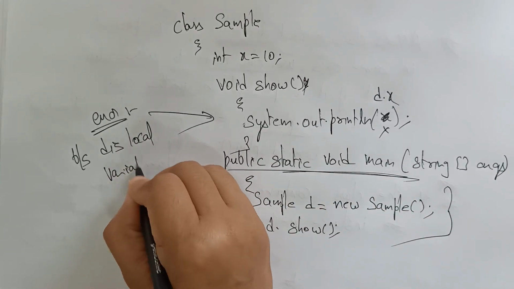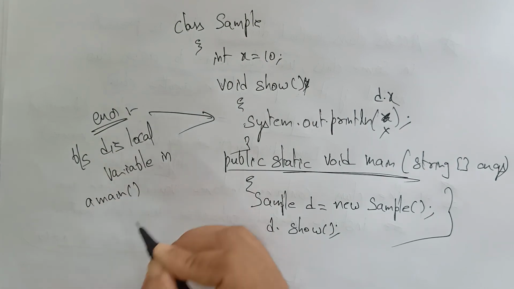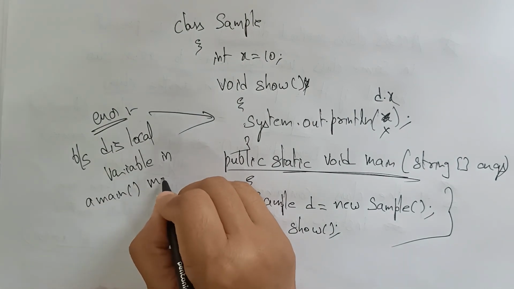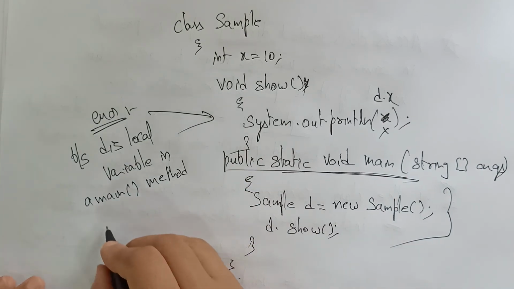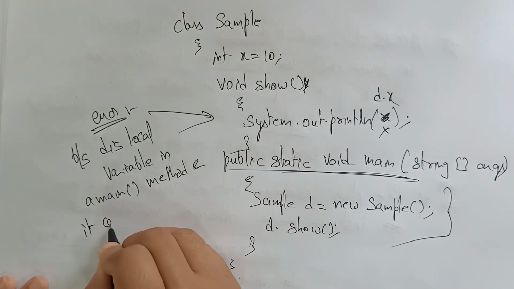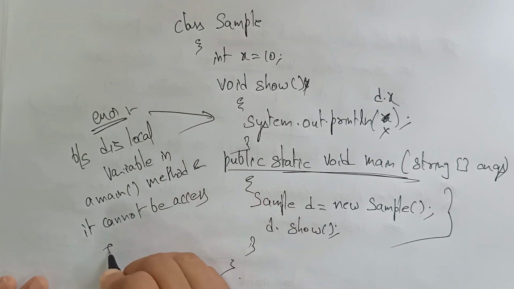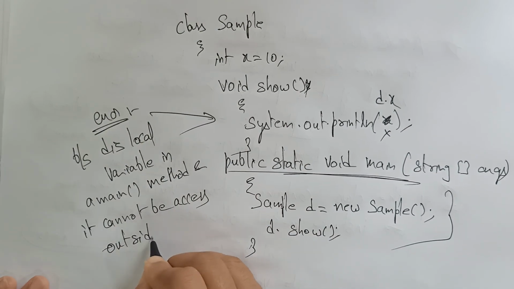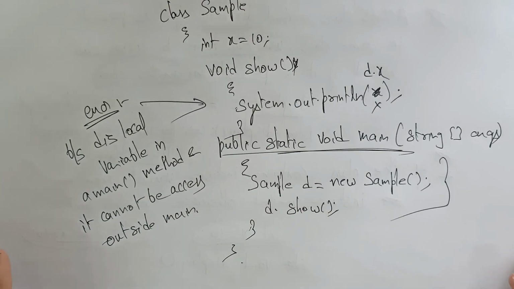It's a local variable in the main method, and it cannot be accessed outside main. Remember this. So d dot x, it's not possible to access it, right?